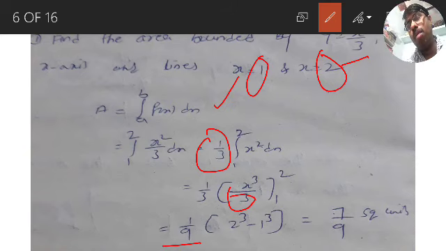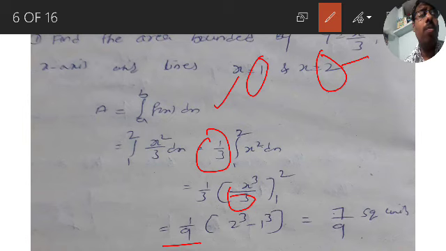The fundamental theorem of integral calculus says how to calculate a definite integral: do the integration, then substitute upper limit minus lower limit, that gives the answer. So in place of x you substitute 2, upper limit 2 cube minus lower limit 1 cube. 2 cube is 8 and 1 cube is 1, so it is 7. So the answer is 7 by 9 square units.